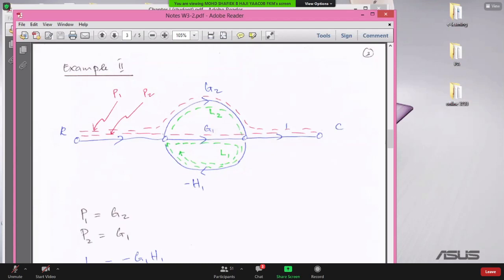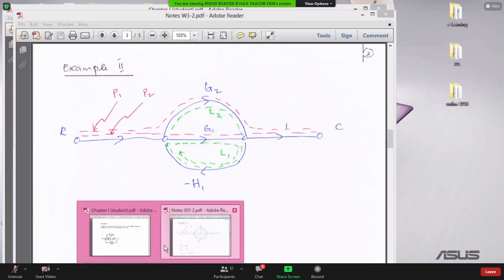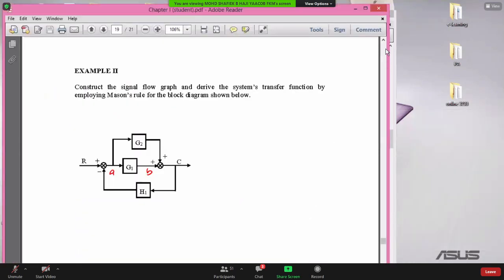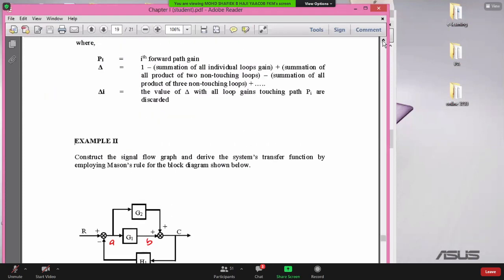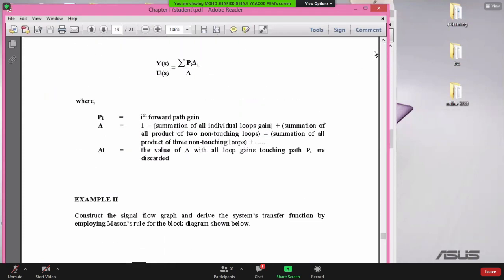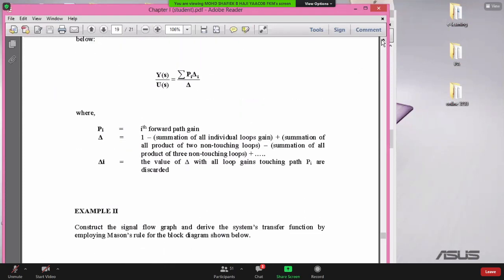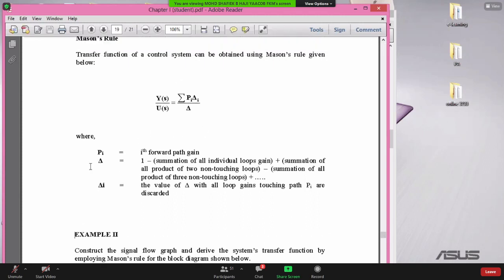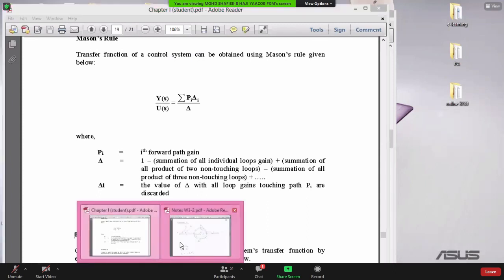And then we need to determine how many forward paths. P is the forward path. How many ways can we go from the input to the output? That is called the forward path.